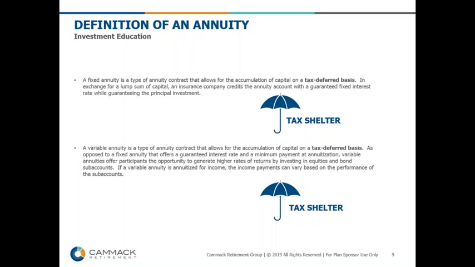If a variable annuity is annuitized for income, the income payments can vary based on performance of sub-accounts. So these sub-accounts in variable annuities are similar, and sometimes, depending on how you look at them, the same as mutual funds. And once again, the variable annuity itself is tax sheltered.